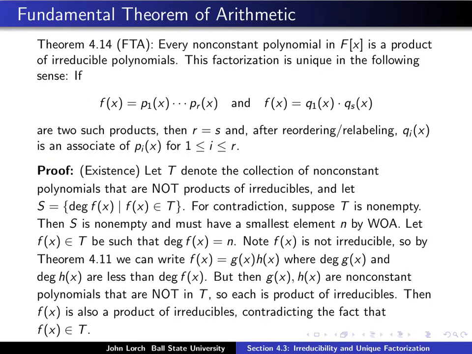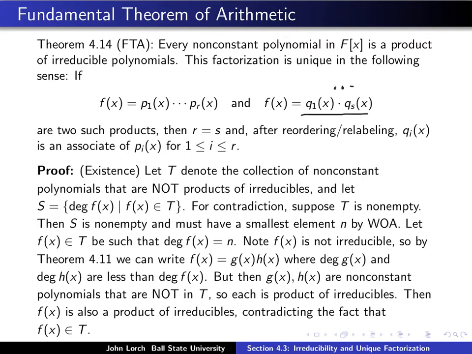Here we have the fundamental theorem of arithmetic for polynomials. It says that every non-constant polynomial in our polynomial ring over a field can be written as a product of irreducible polynomials. And further, this factorization is unique in the sense that if we start with a non-constant polynomial f of x, and we write it, say, in two ways as products of irreducibles, where here in this second product, the single dot should be replaced by triple dots.